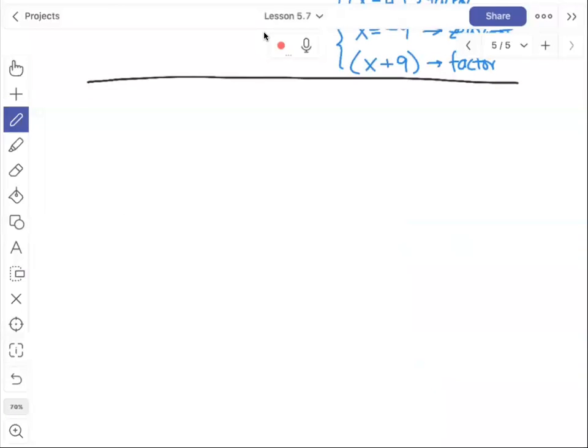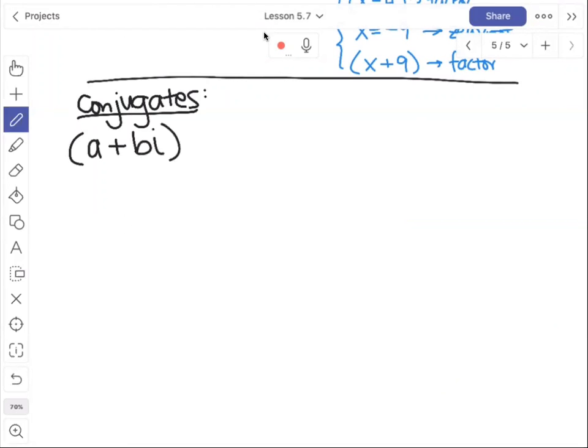So the complex conjugate theorem: conjugates are when you have basically the exact same binomial, two terms where one has a plus sign in the middle and the other has a minus sign in the middle. Other than that, all the rest is the same. The only difference is one's a plus and one's a minus.